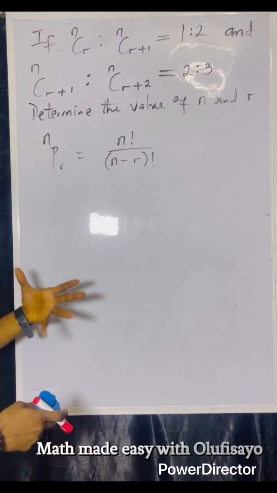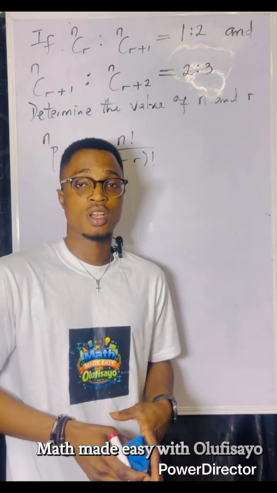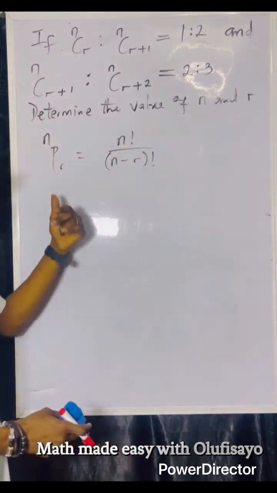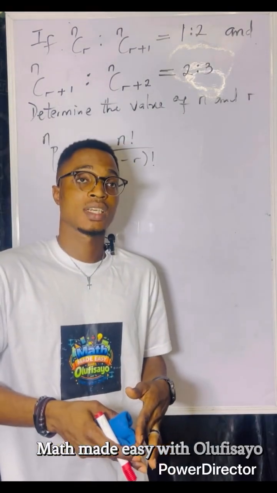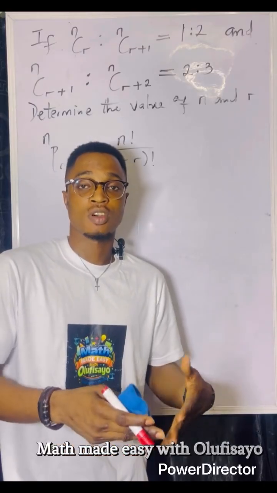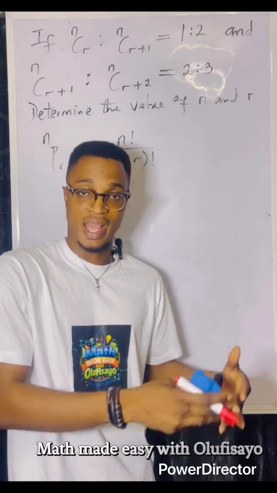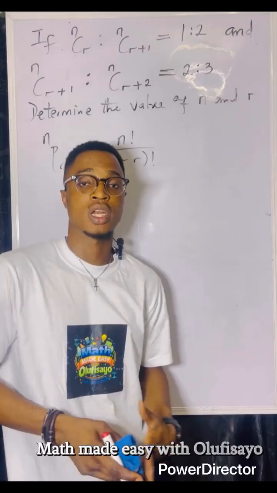Now, what about combination? Combination is the selection of items where order does not matter. An example of permutation is when we want to select three students for first, second, and third position in an examination. You can see that it follows a particular order.